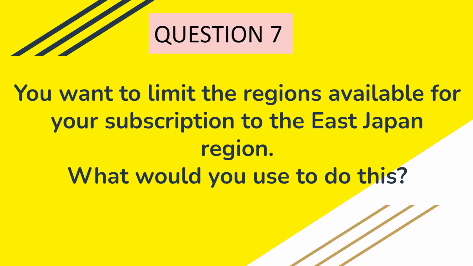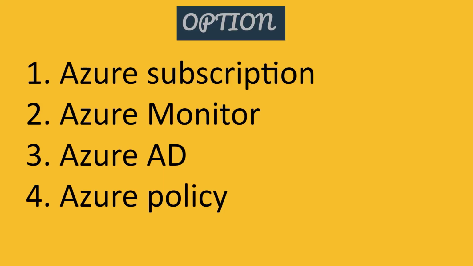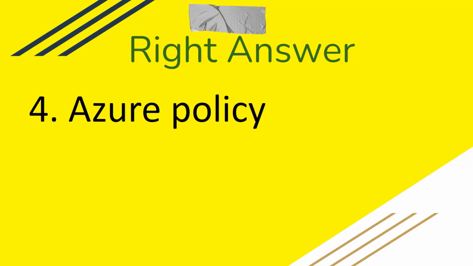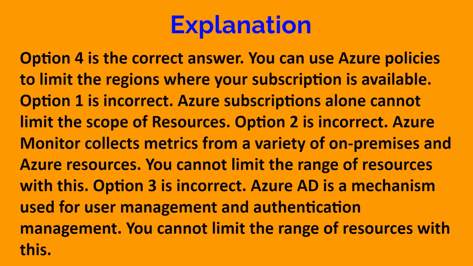Question 7. You want to limit the regions available for your subscription to the East Japan region. What would you use to do this? Option 1. Azure Subscription 2. Azure Monitor. 3. Azure AD 4. Azure Policy. Right answer is 4. Azure Policy. Explanation. Option 4 is the correct answer. You can use Azure policies to limit the regions where your subscription is available.